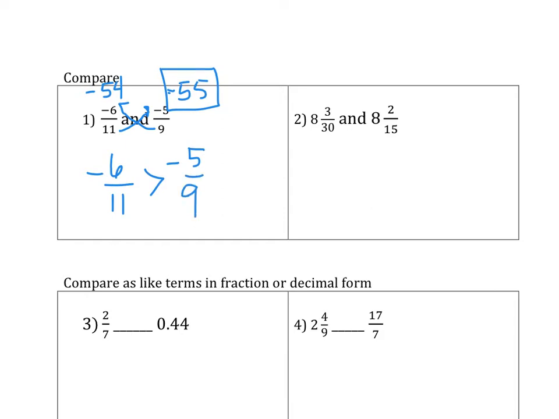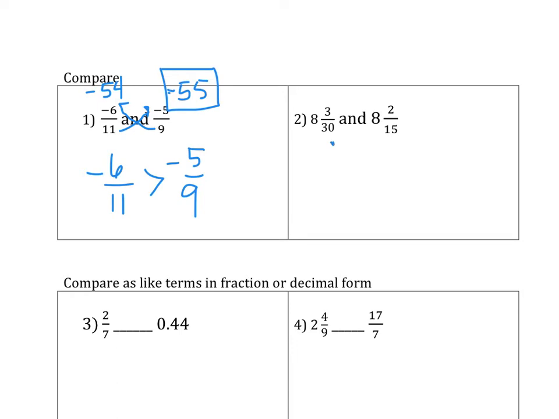Number 2, I have two mixed numbers, so we're going to compare first of all our whole numbers, and our whole number here is 8 and our whole number here is 8, so those are the same. It's not going to help us out. And now we have to compare our fractions. So this one I'm going to compare by finding the least common denominator.